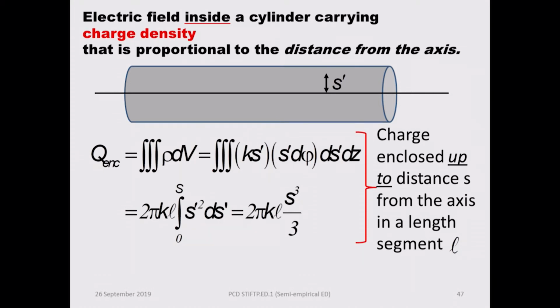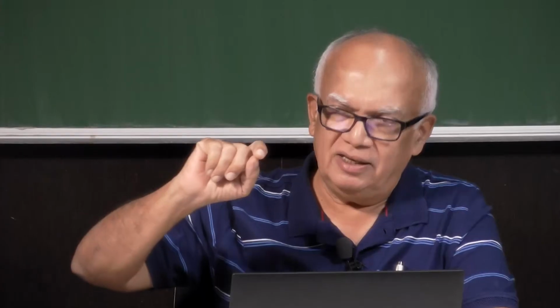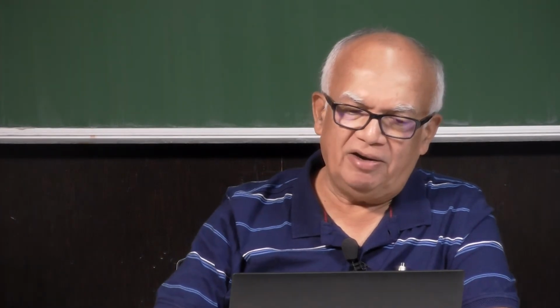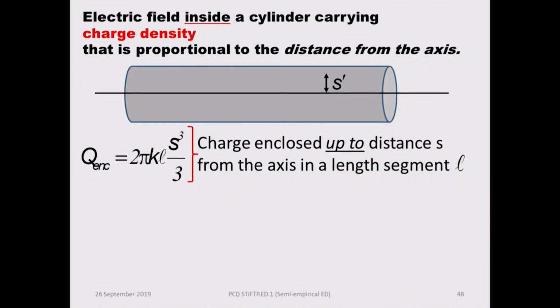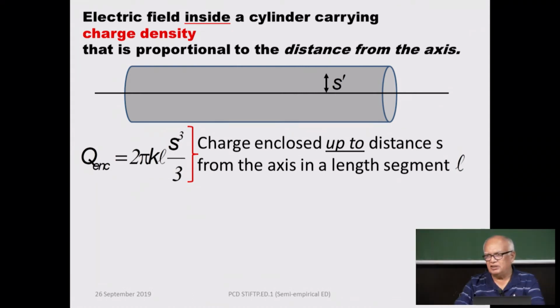The charge enclosed is nothing but the integration of the charge density. The charge density is not uniform, but changes as you go away from the axis, and it changes linearly. Ks prime is the linear dependence of the charge density. If you carry that out, you get this expression, and now it is a matter of using the Coulomb-Gauss law and the corresponding surface integrals.